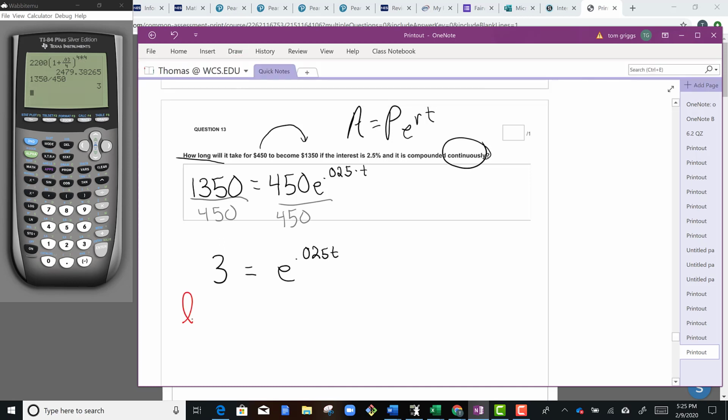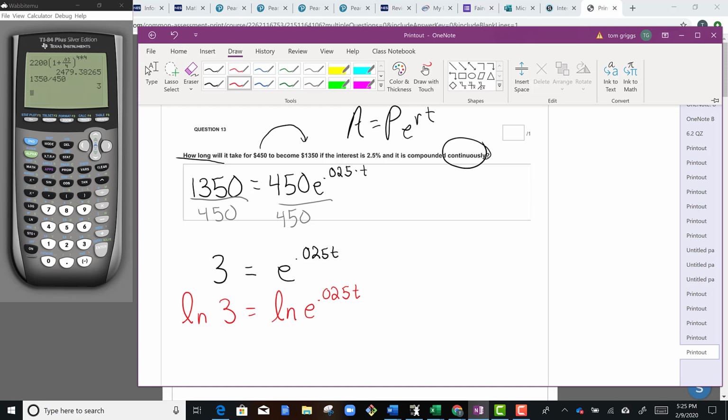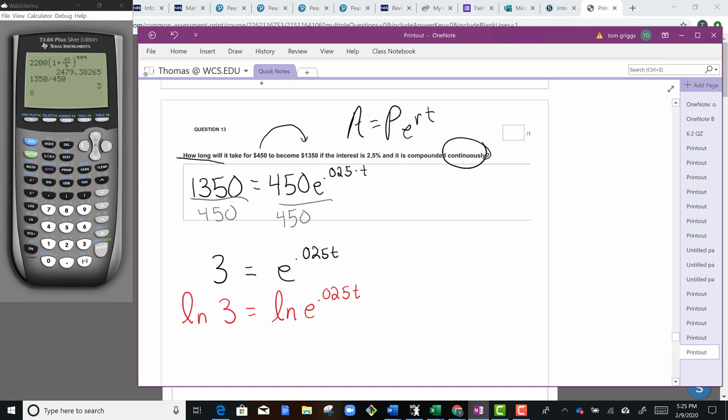Since it's e, we need to take the natural log of both sides. We know the natural log of e is equivalent to 1. So ultimately, we're going to be left with, after using that third logarithm property, where this exponent can move out to the front, and the natural log of e disappears because the natural log of e is 1.